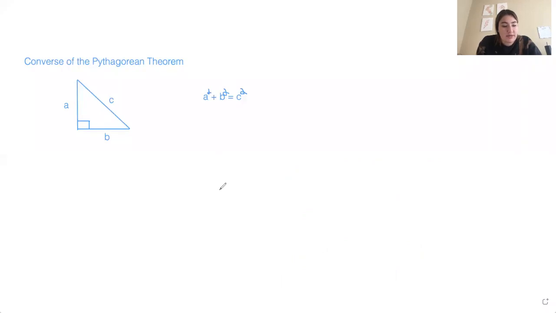So a triangle with side lengths of 8 centimeters, 15 centimeters, and 17 centimeters.